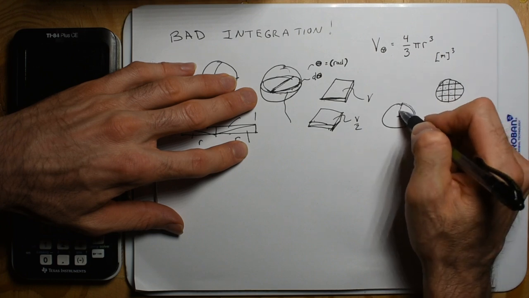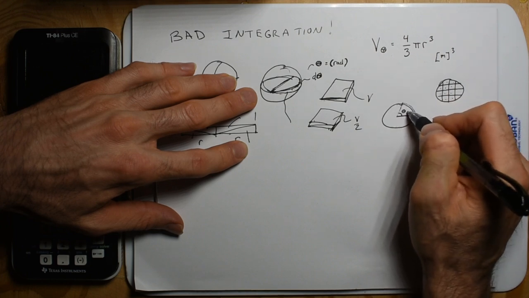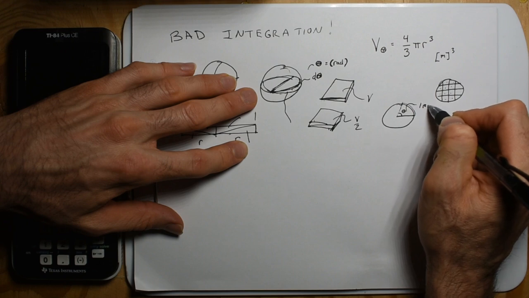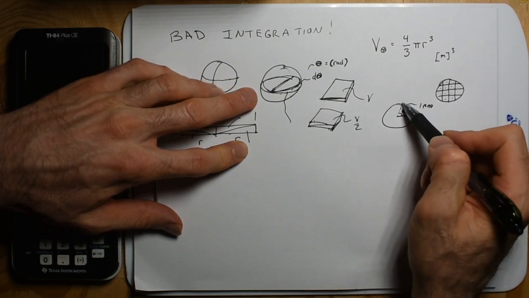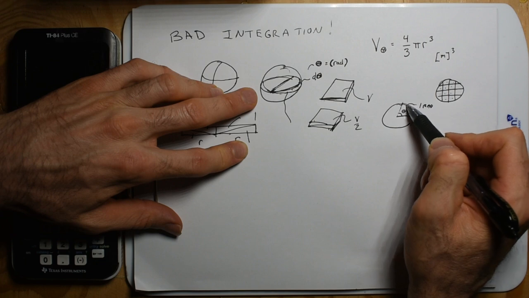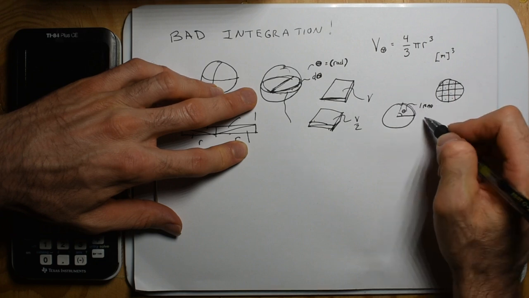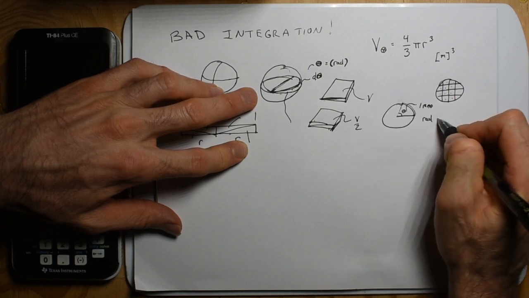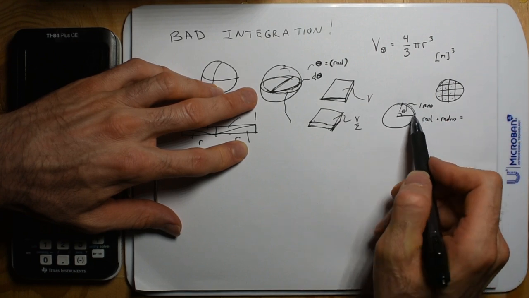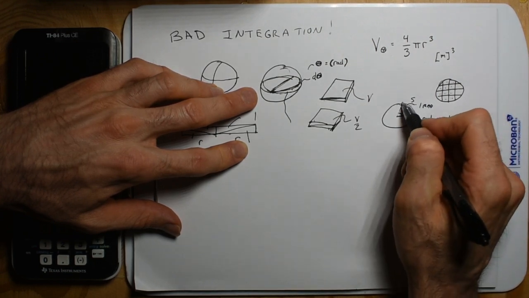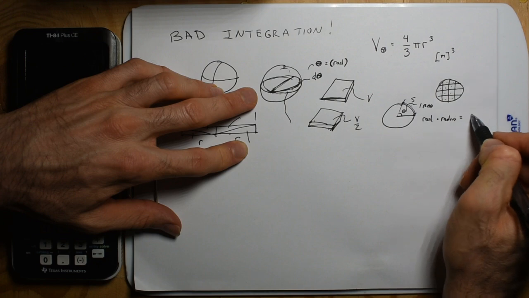And this is the angle of 1 radian. That angle of 1 radian marks out 1 arc length. So radians times radius is something normal, and the normal thing right here is what we call S, the arc length from there to there.